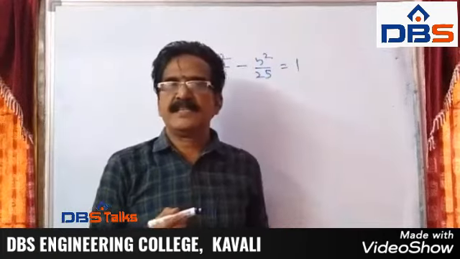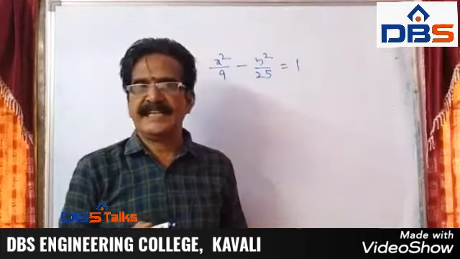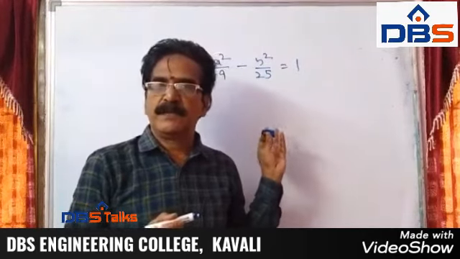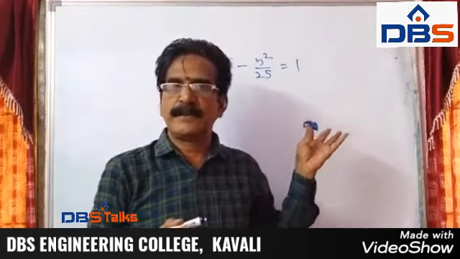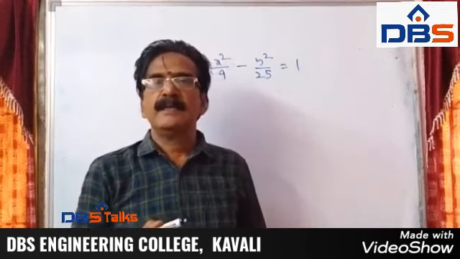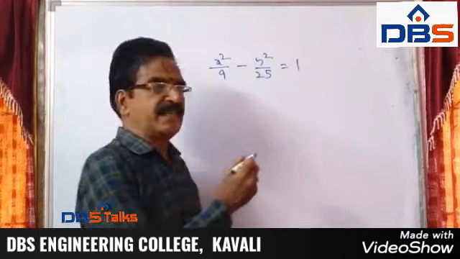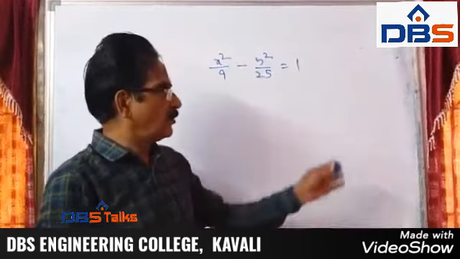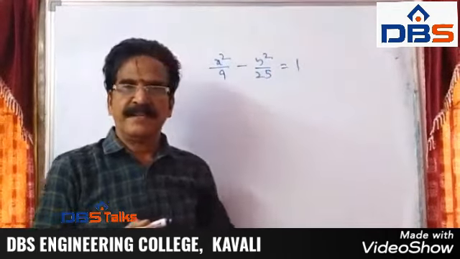This is the standard equation of the hyperbola. It is in the form of x square by a square minus y square by b square is equal to 1. That is, the transverse axis is the x axis and the conjugate axis is the y axis.